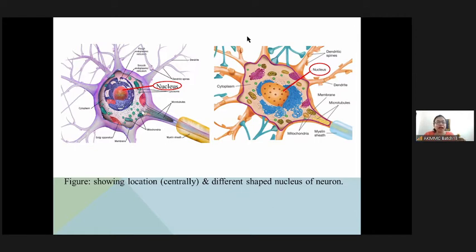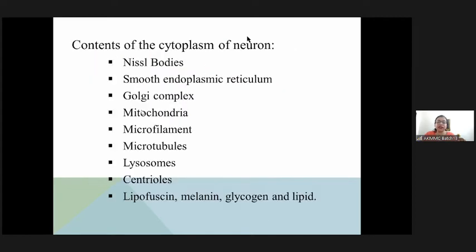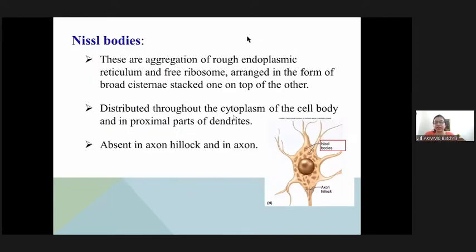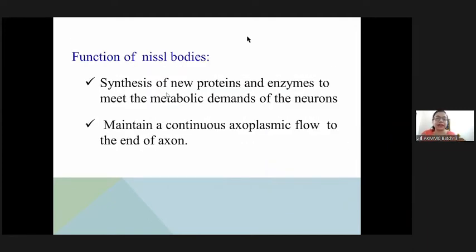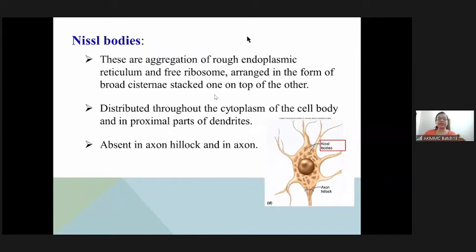হ্যাঁ, আর কোথায় নাই? axon hillock-এ নাই। axon hillock কি? দাঁড়াও, axon hillock-এ আমরা দেখাচ্ছি, ওখানে Nissl body গুলো নাই। এই যে Nissl body, এরা কিভাবে ফর্মেশন হচ্ছে? How will they form? They are nothing but aggregation of rough endoplasmic reticulum and ribosome.